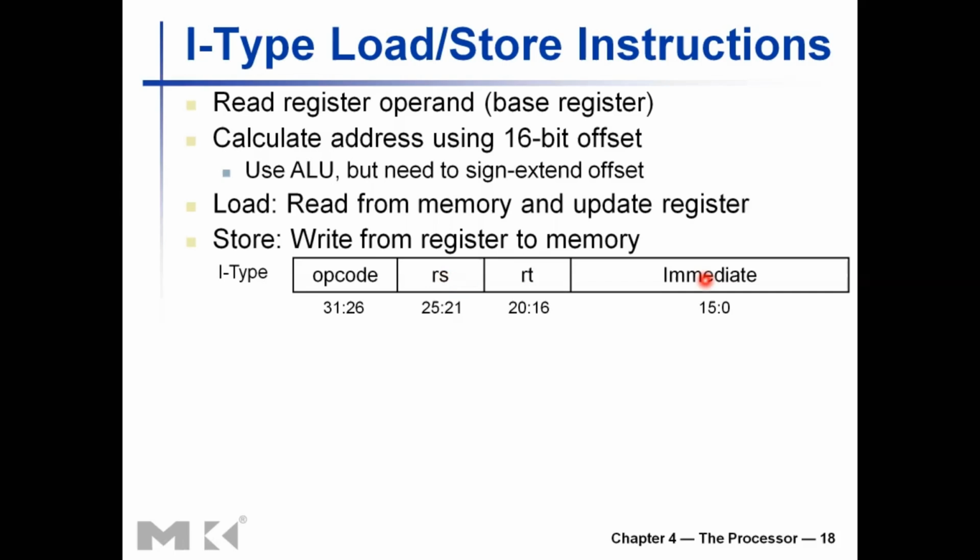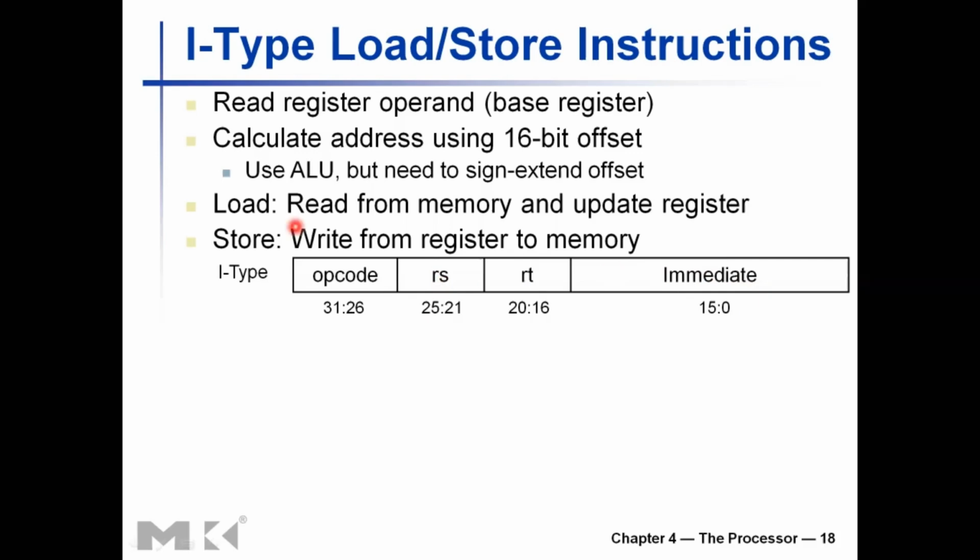Whether you want to access exactly the location given by that base register, or you want to add an offset to that, to go up or go down relative to that base address. So the base address points to some memory location, and whether you want to go to a higher address or lower address is defined by this offset.